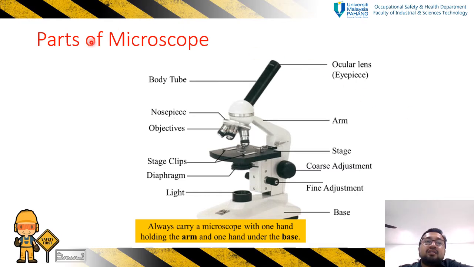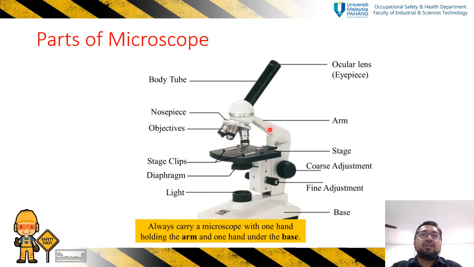Okay, these are the parts of the microscope. I think you all have probably encountered this during secondary school, even primary school, even matriculation, basic things. First is the body tube, then the ocular lens, through which we look at the specimen, and then the objective lens, which has the magnification power.